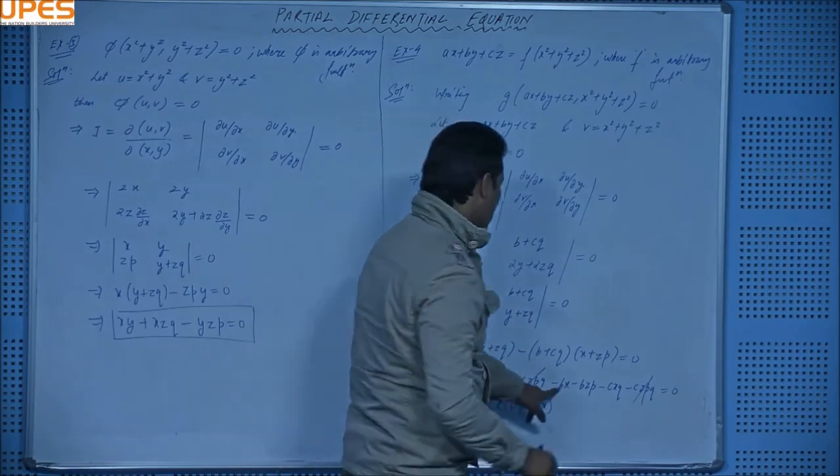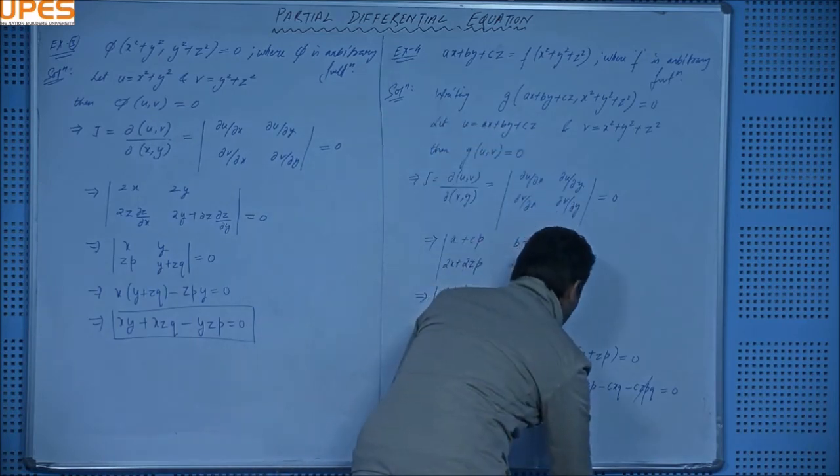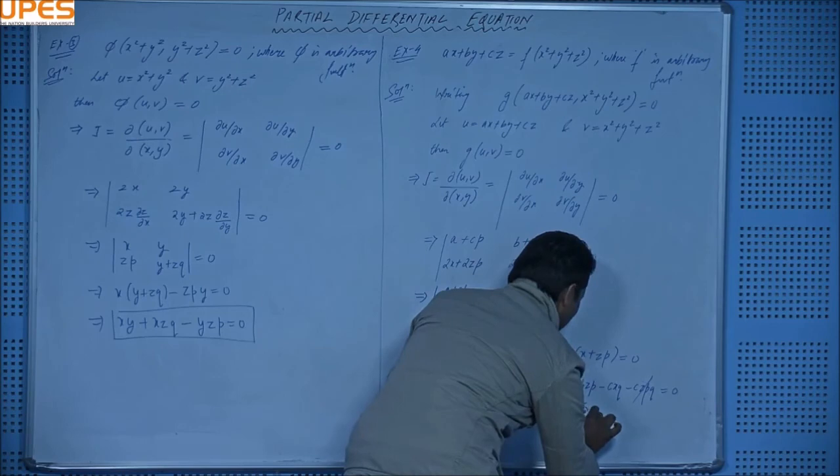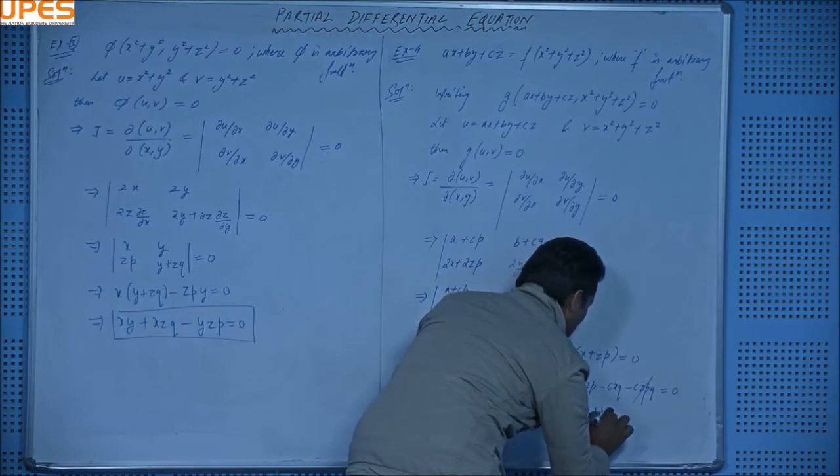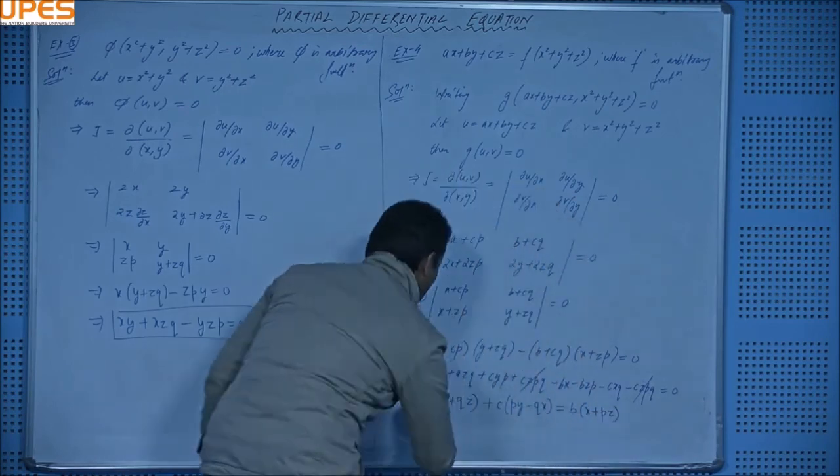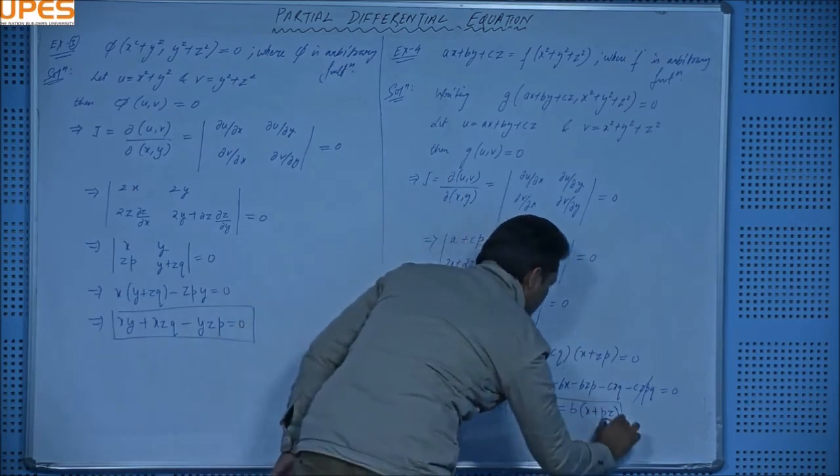And the b term is equal to b times (x plus pz). So it looks good. This is the answer.